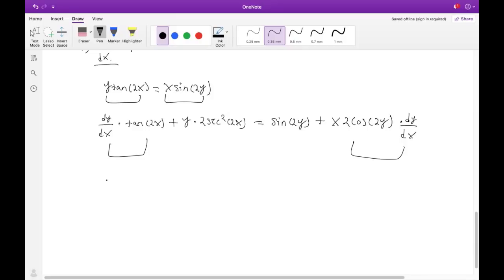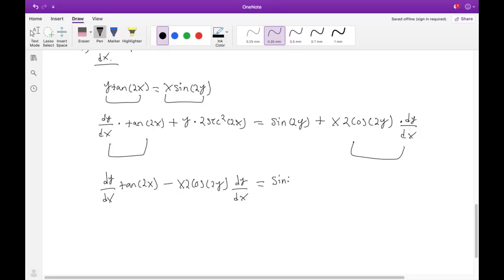So what you could do is keep this dy over dx tangent of 2x on the left side, and subtract over the 2x cosine of 2y dy over dx on the left side as well. So now I have x 2 cosine 2y dy over dx on the left side as well, and then move everything else to the right side.